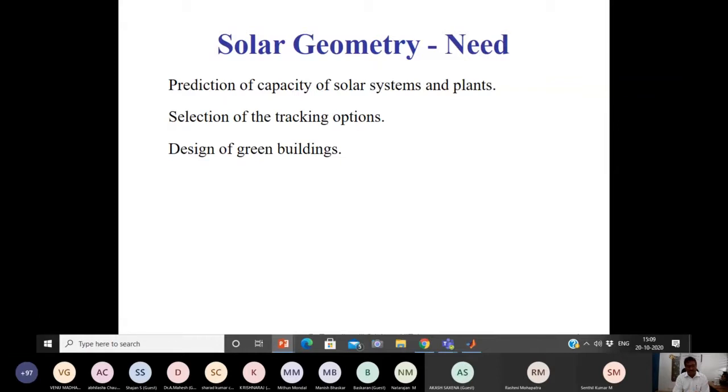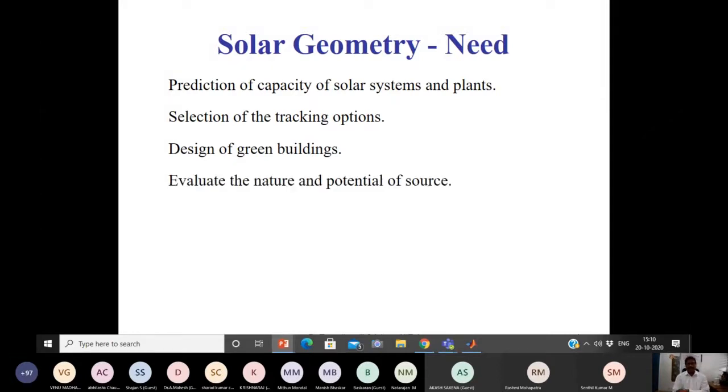Shadow analysis is one of the topics that is used in green building design, because the sun path will change from point to point and place to place. According to the sun path diagram, the ventilation and heat losses of a green building can be designed effectively so that passive comfort conditions can be maintained in the building using solar geometry.